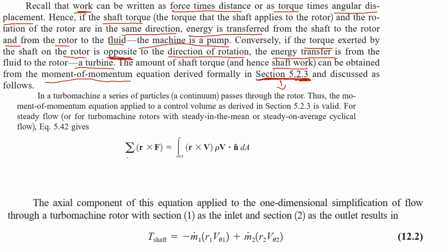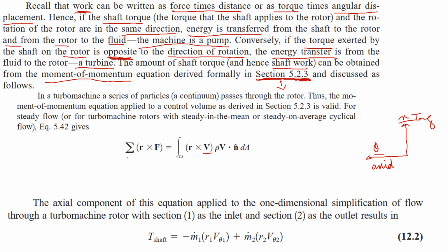As you remember, we have previously been dealing with two components of velocity: the tangential component, represented as theta, and the axial component, represented as x. So here we are taking the component of the velocity, that is v theta.